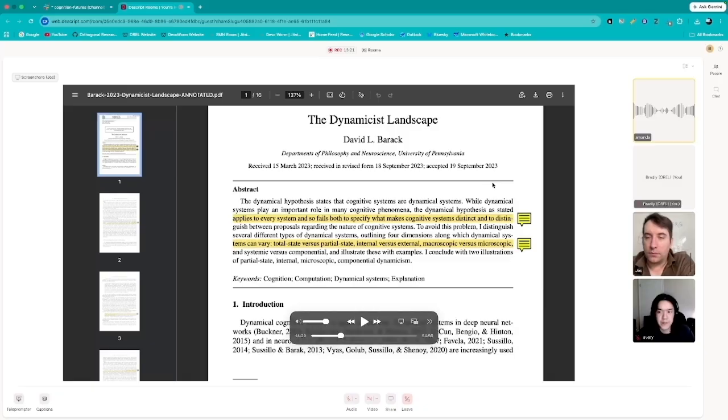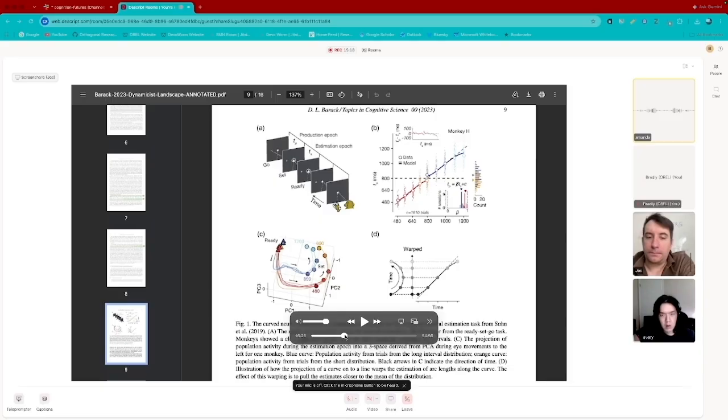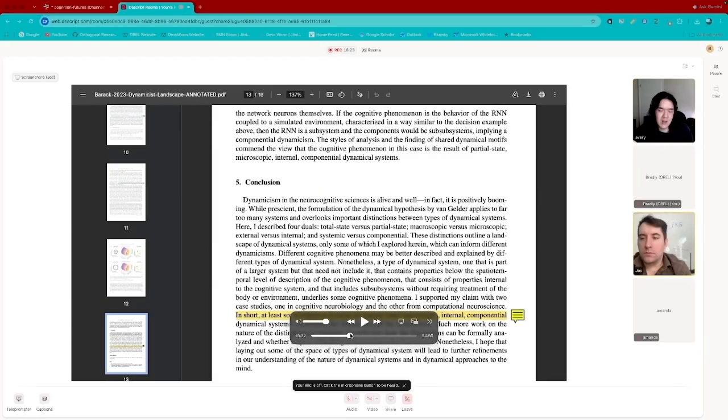And so they go through all these distinctions: total state versus partial state, internal versus external, macroscopic versus microscopic. And so this is just showing some of these examples with respect to the data presented so far. They talk about neural manifolds.